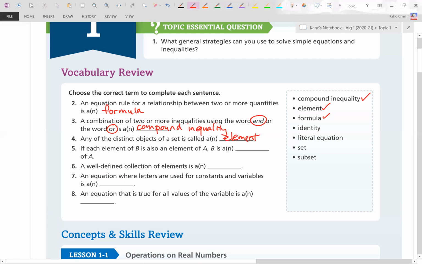Number 5, if each element of B is also an element of A, B is a blank of A. It's called a subset. Number 6, a well-defined collection of elements is a set.